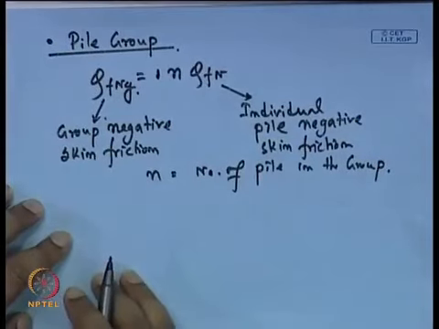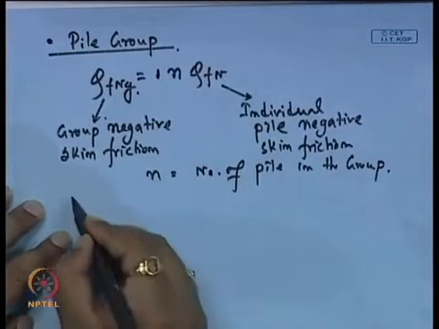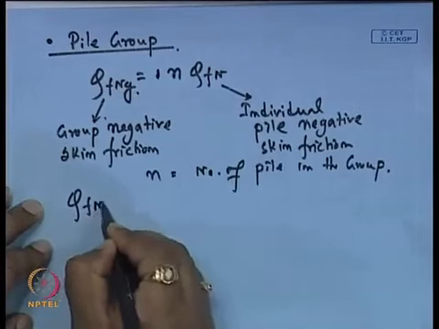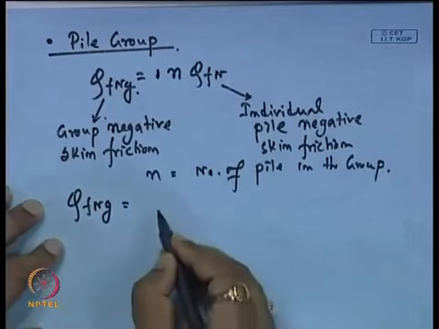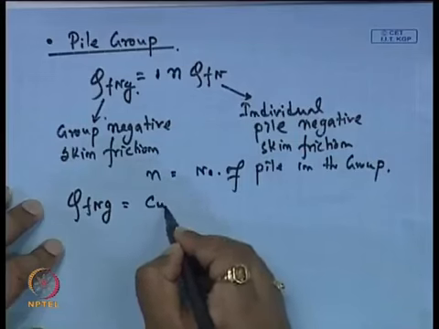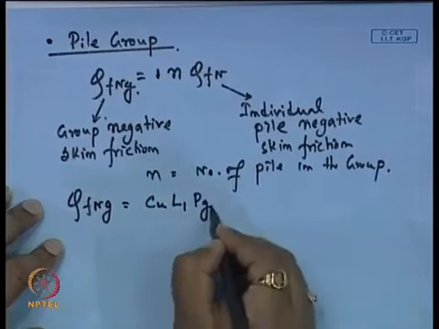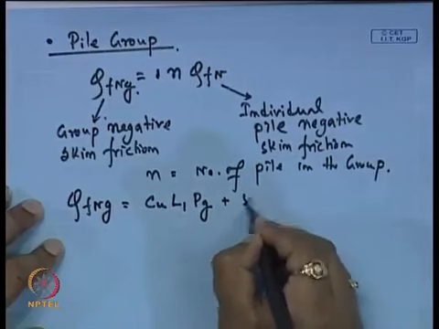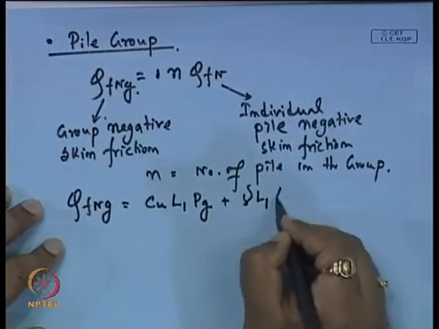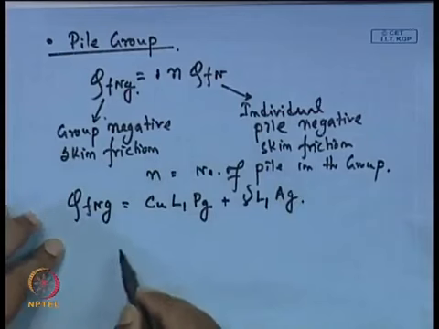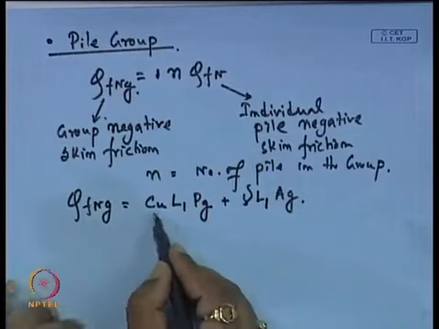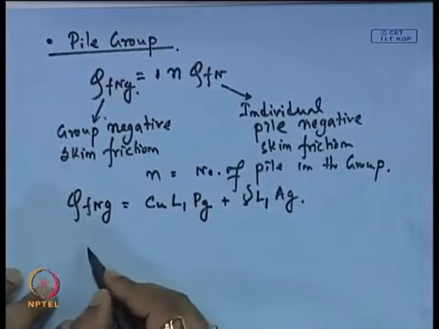So, same as this, we can calculate the group negative skin friction. This is Cu L1 Pg, where Pg is the perimeter of the group, plus L1 into Ag into gamma. So, this is Cu for the Arndt coefficient.